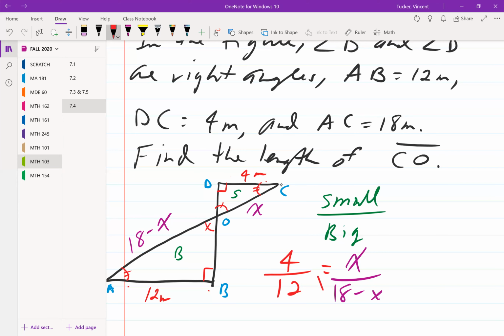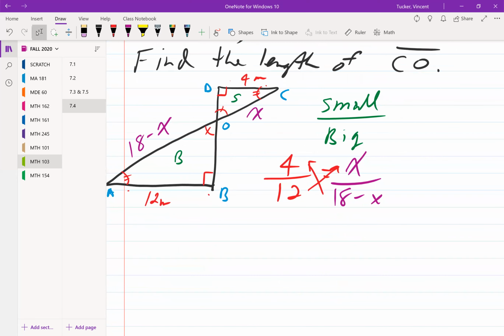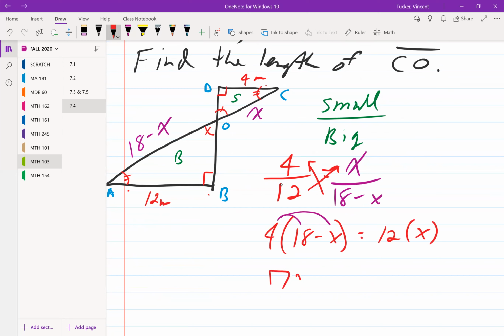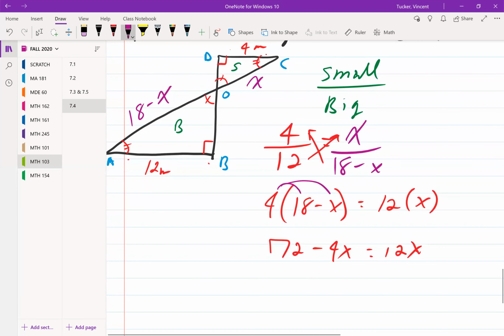And now I can cross multiply. On the left side, I will have 4 times 18 minus X. On the right side, 12 times X. Distribute the 4. 72 minus 4X equals 12X. Add 4X.